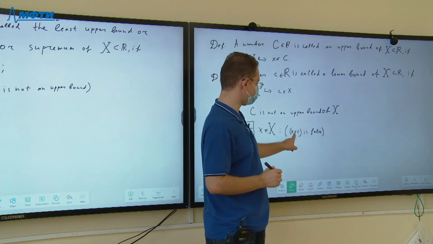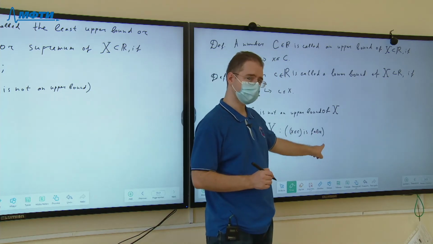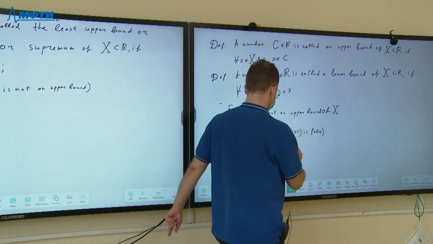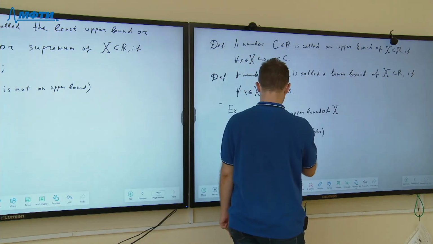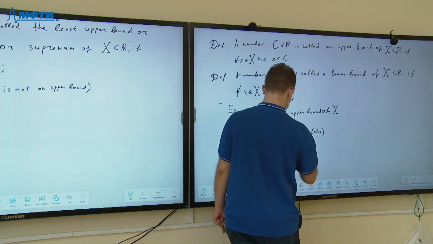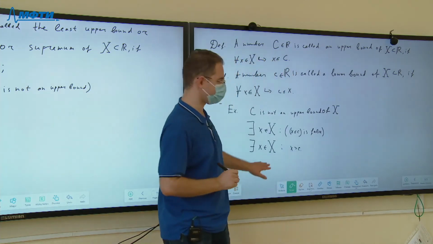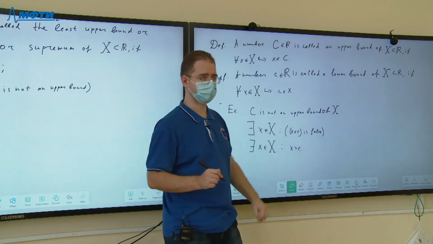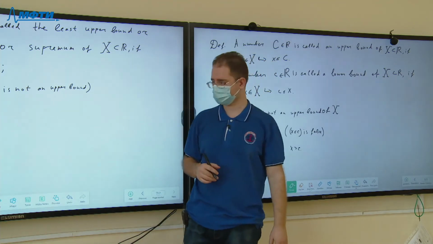If x less or equal than c is false, this basically means x is greater than c. So there is x such that x is greater than c. This is how we negate these kinds of statements. We will discuss more on the seminars.